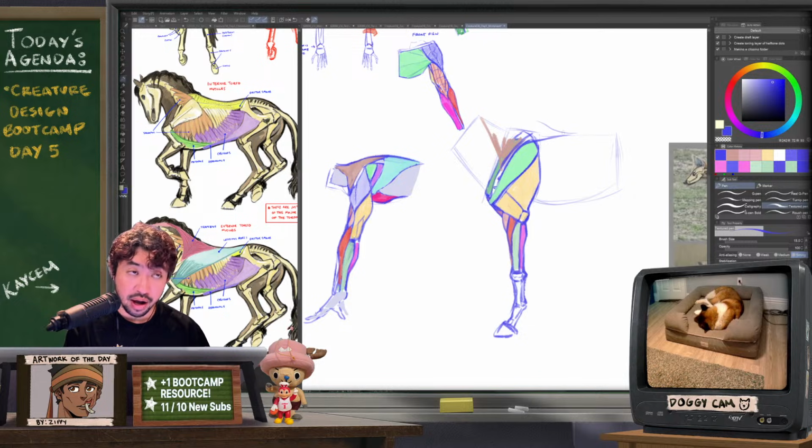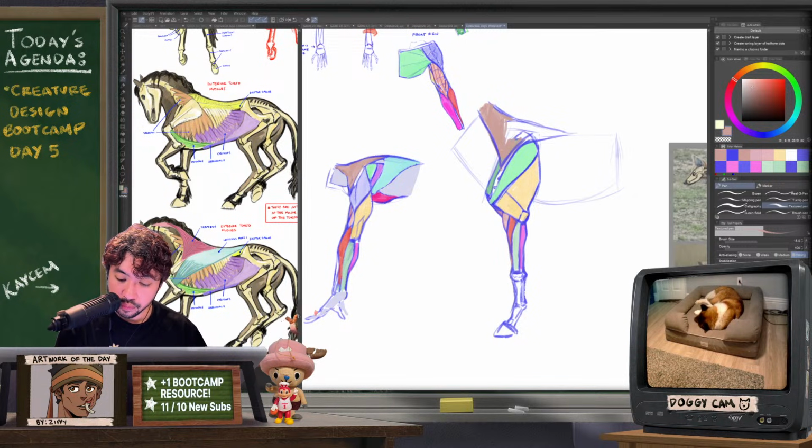We didn't cover the spine, but there is a spine and there's a dorsal thing. We covered that on a previous day, so for now, don't worry about it. But essentially this right here is the trap muscles, right? Same ones that we have for people. We got them here. Excellent, excellent.